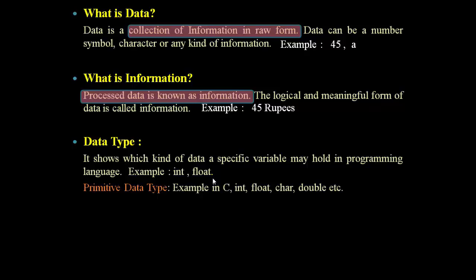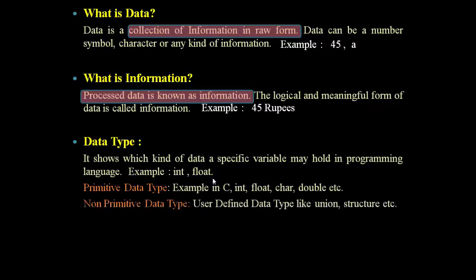There are basically two types of data type: one is primitive data type and the second is non-primitive data type. Primitive data types are the primary data types such as integer, float, double, character in C language. Non-primitive data types in C language are user-defined data types, for example union, structure, etc.